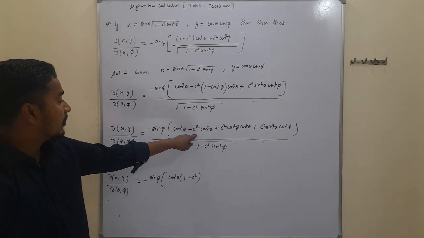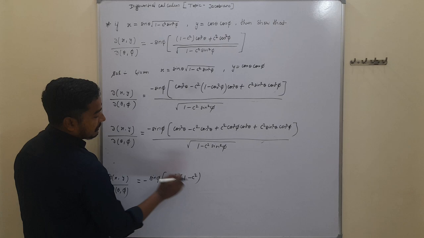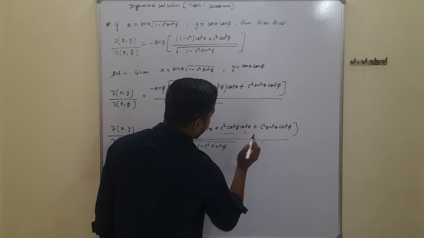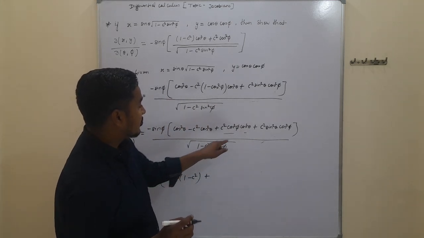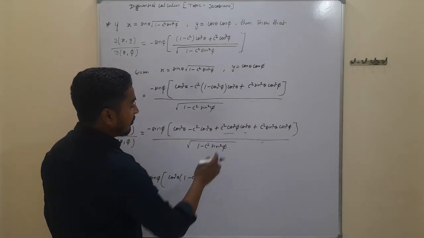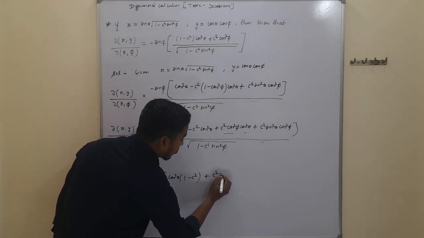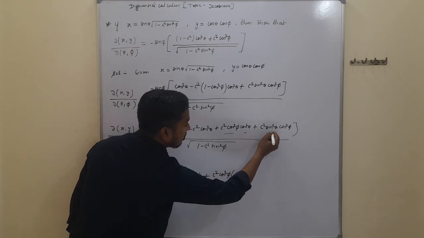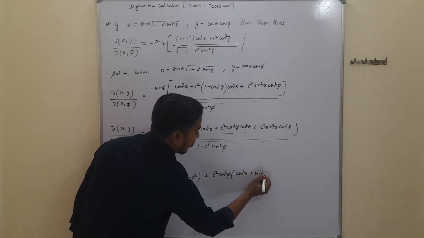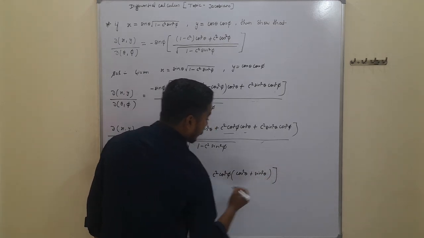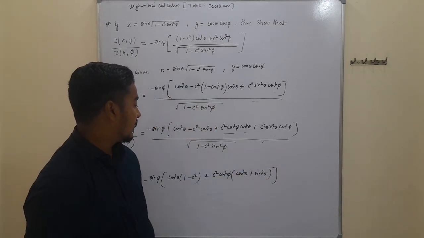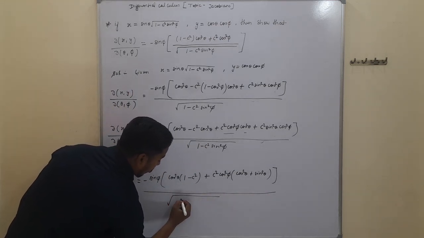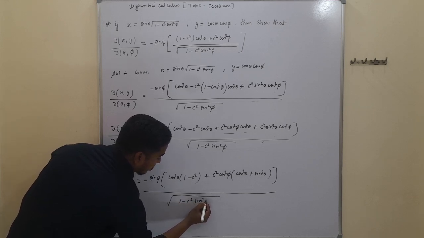When we take common cos square theta here, this gives 1 minus c square, and here is plus, and from here we take common c square cos square phi, and this gives cos square theta and remaining plus sin square theta. And we know from trigonometry cos square theta plus sin square theta is 1, and here is upon under root of 1 minus c square sin square phi.